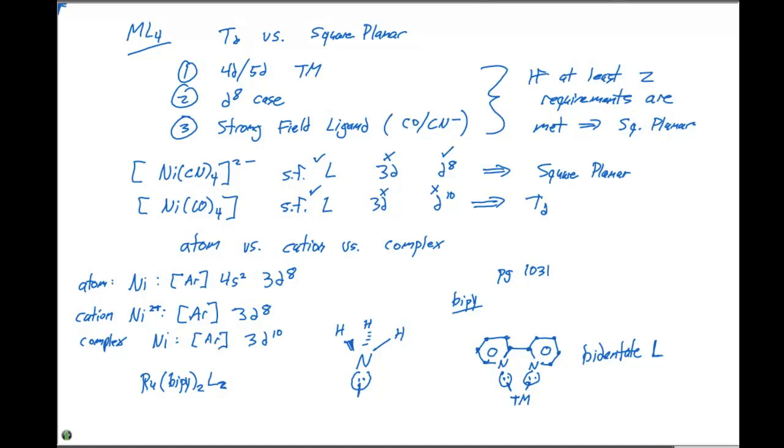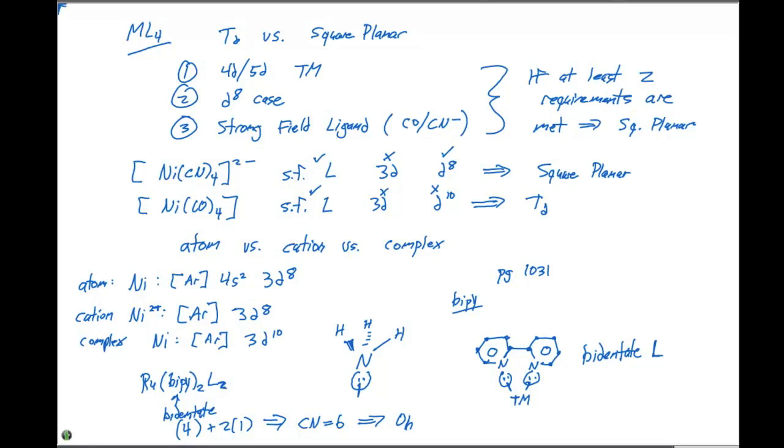So this Ru(Bipy)2L2, since this Bipy right here is bidentate, is going to occupy 4 coordination sites if there's 2 of them. Plus we have 2 ligands that would be monodentate type ligands. So this complex right here is going to have a coordination number equal to 6, which tells us that this is an octahedral molecule.